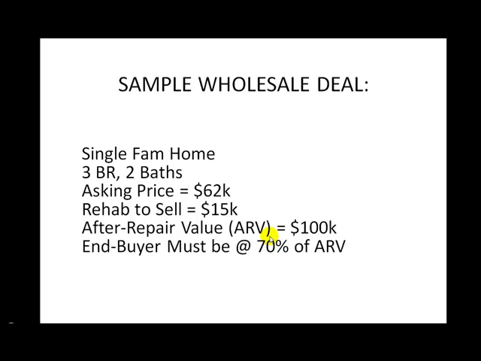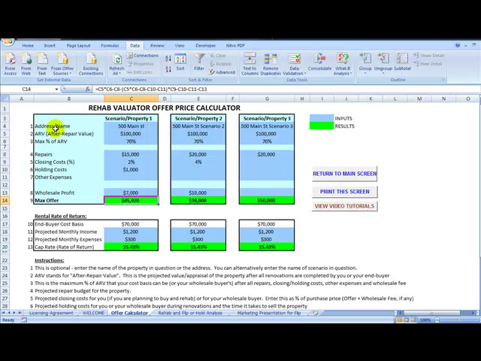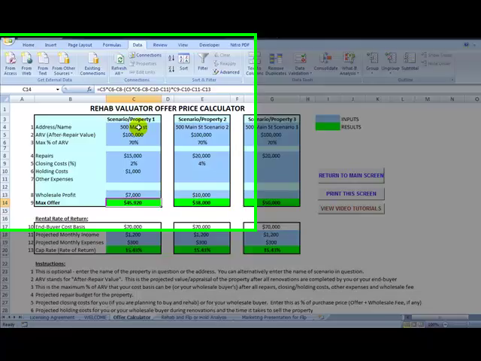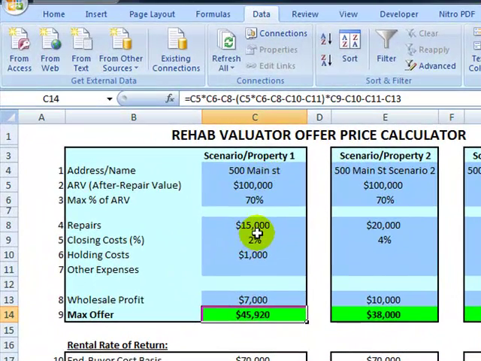So if you remember, we first went to our offer calculator and determined that based on these numbers, the most you could afford to pay your motivated seller was $45,920 in order to make the deal work for your wholesale buyer.